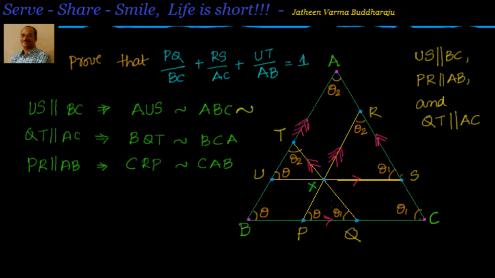Not only that, if you observe a little more carefully, you can also see that it is similar to XPQ, because if you take XPQ, the base angles are theta and theta 1, which is nothing but that of ABC, and which is also that of AUS. So can I say now that this is also similar to XPQ?